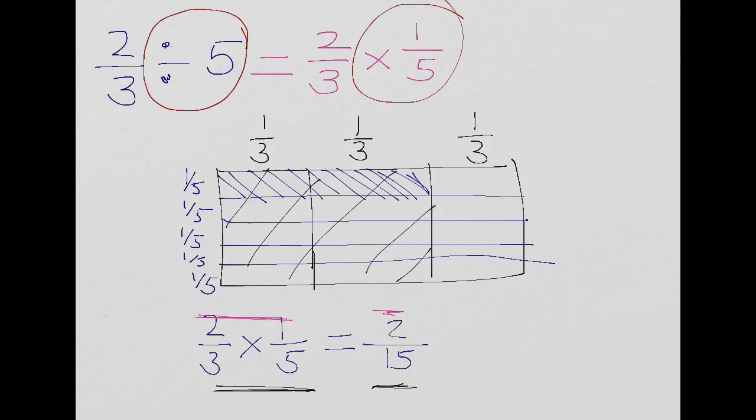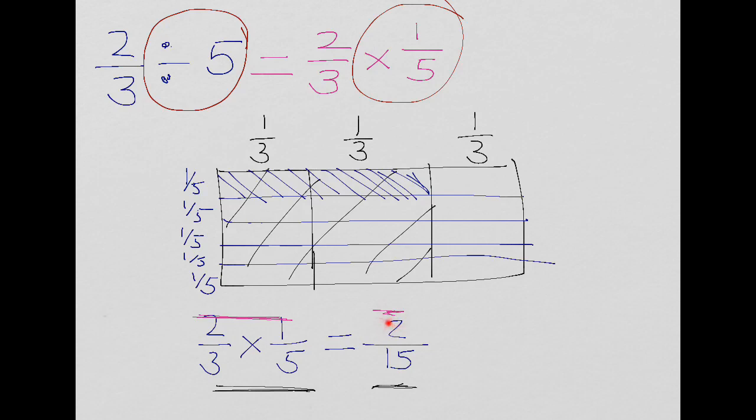So going through that diagram again, and I am going to go through it again, we divided into thirds. We had 2 of them, and we shaded 2/3. Multiplying by 1/5, we divided it into fifths, and we shade then 1/5 in. This is our double shaded bit, and if you notice, the total is that multiplied by that, which is the 15. There's 15 squares. Now the double shaded bit is the 2.